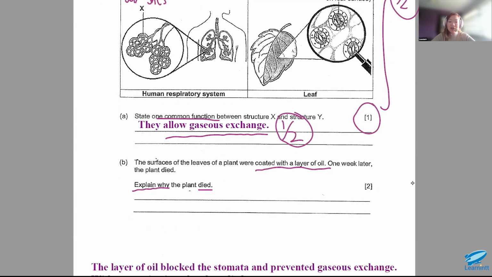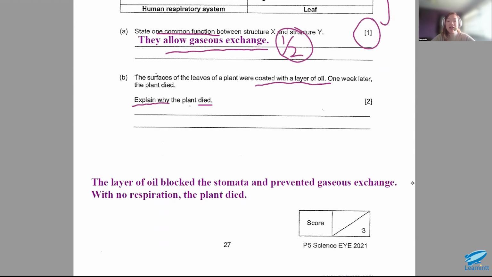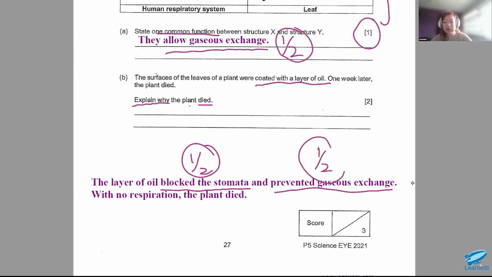So how do you write it? The layer of oil blocked the stomata, half mark, and prevented gaseous exchange, the other half mark. With no respiration, the plant died. Now, half mark over here, so being written out is 1 mark. The other 1 mark is about figuring out the part. Total 2 marks. Done.